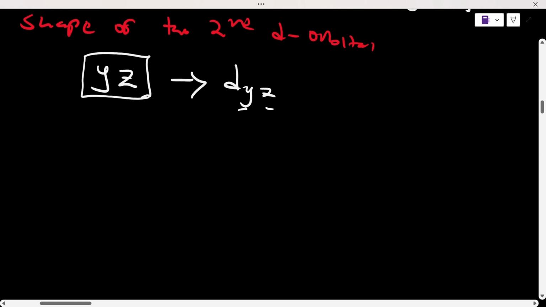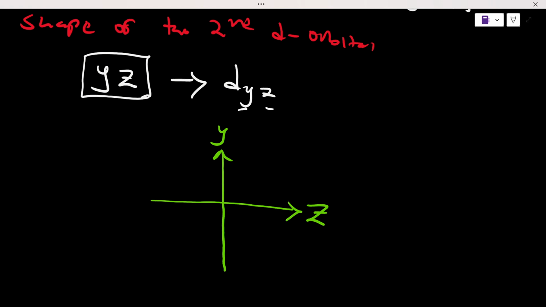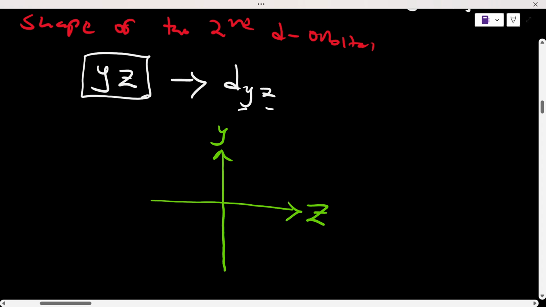So down here, I'm going to have a drawing like that. It is going to be a z and a y. And that's where I'm going to put my orbitals between the spaces.